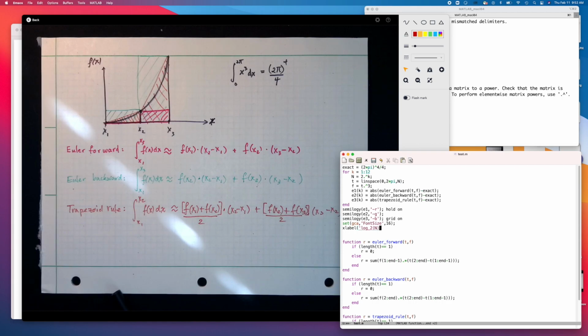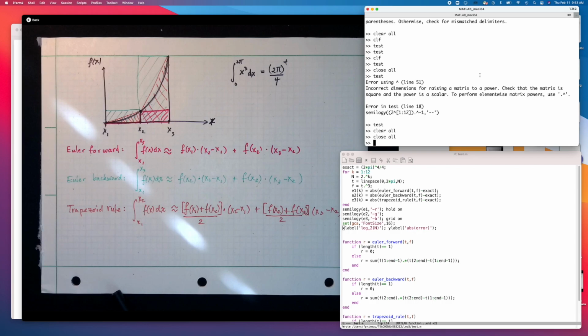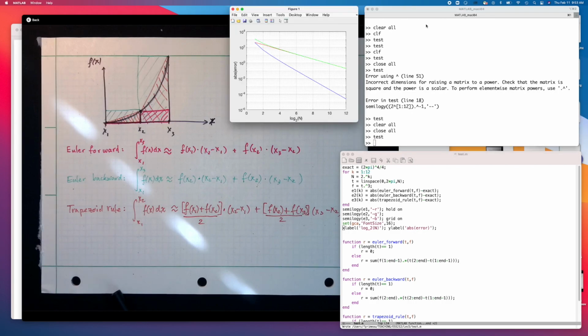So what I'm going to plot is log base 2 of the number of points for the discretization on the x-axis, and on the y-axis will be the absolute value of the error. Let's run it and make sure I don't have too many bugs before I get too far ahead of myself. Oh, it worked the first time.